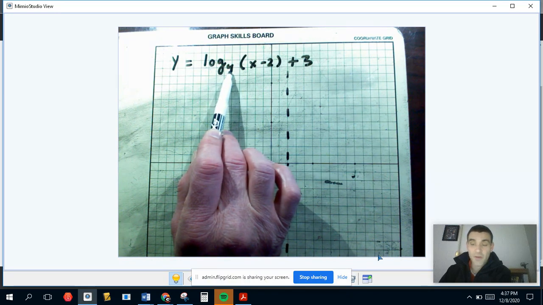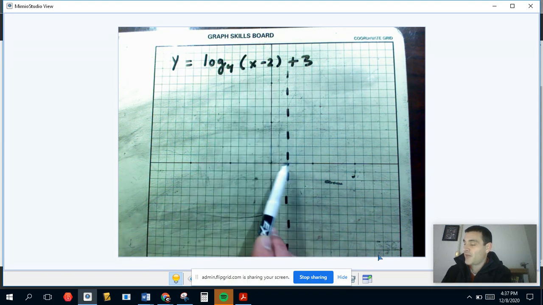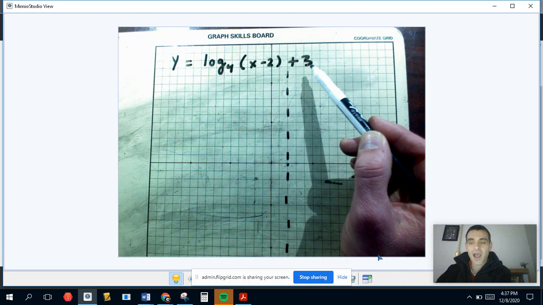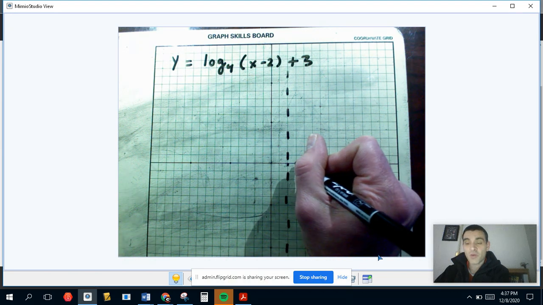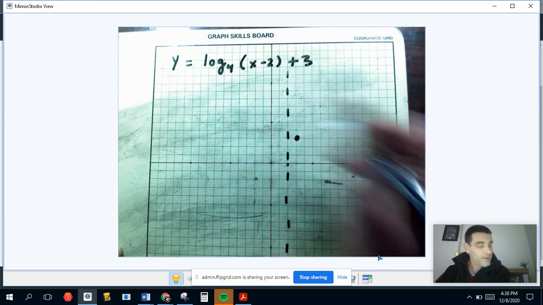Well, 4 to the 0 power makes 1. Long story short, if you go 1 above the asymptote, you're forcing this to be 0, and this becomes the y coordinate. So you would go over 1 to the right, always 1 to the right from your asymptote, and go up 3 here. Okay.